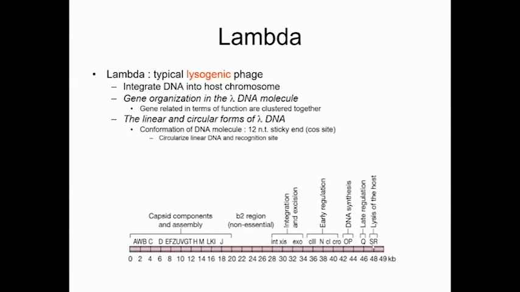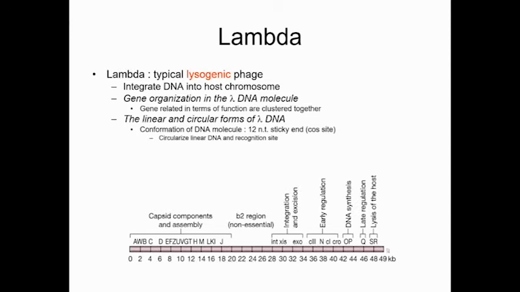It's very long, all right? So it's not very suitable to be the vector. However, we have to perform some extra steps to make the lambda chromosome DNA suitable as the vector, okay? And it can be a linear form and also a circular form.